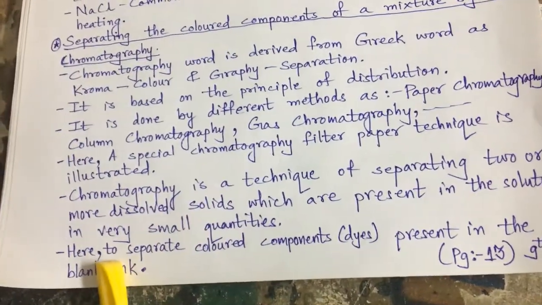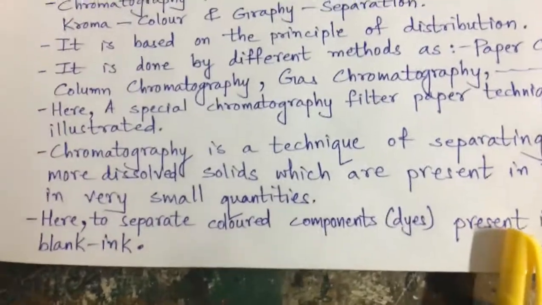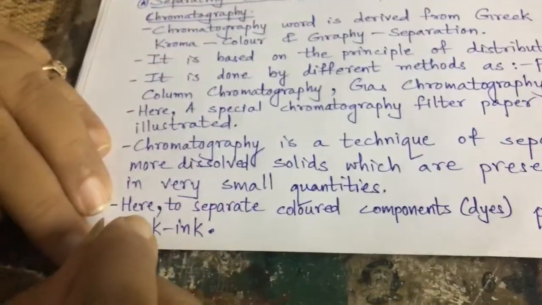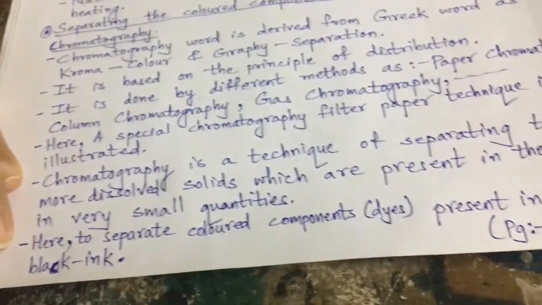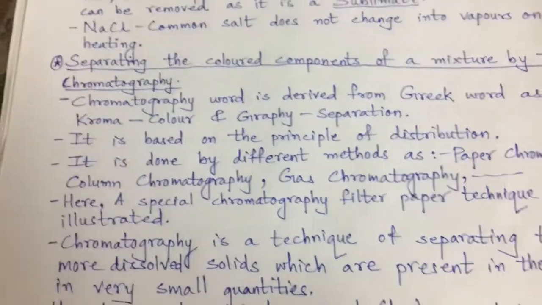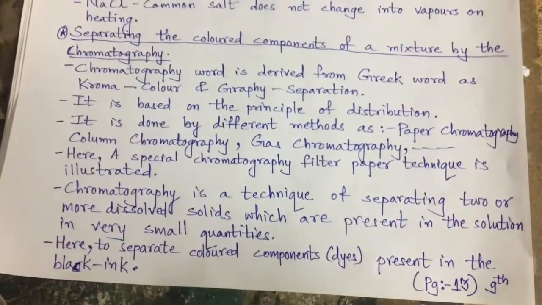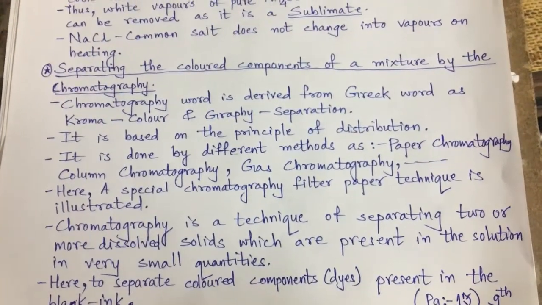To separate colored components present in a dye, black ink is to be discussed. Black ink, blue ink, whatever ink we see present in a sketch pen, they are actually different color dyes dissolved in one solution, and we need to separate them.